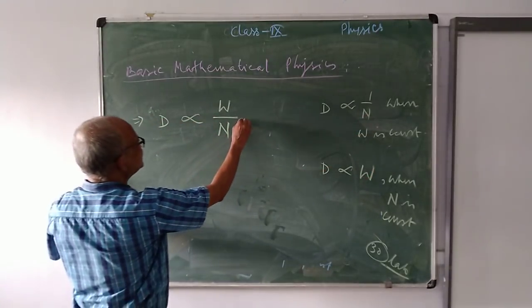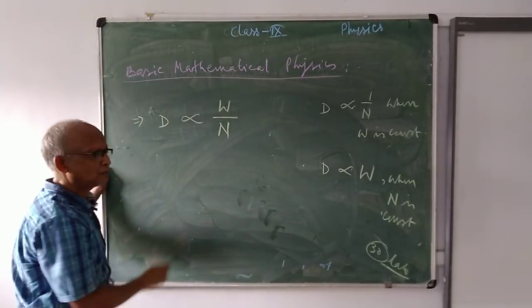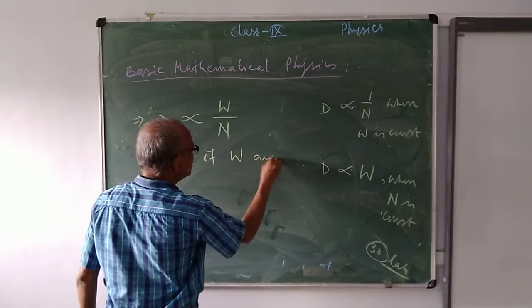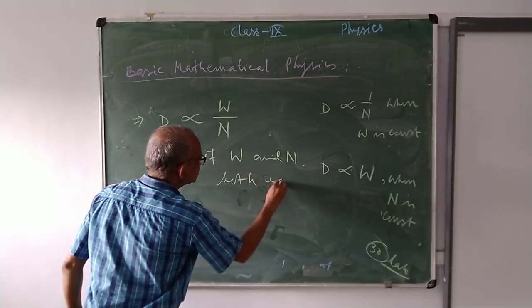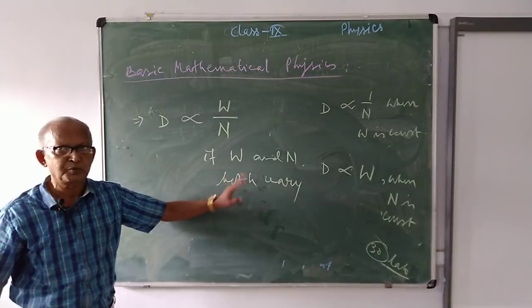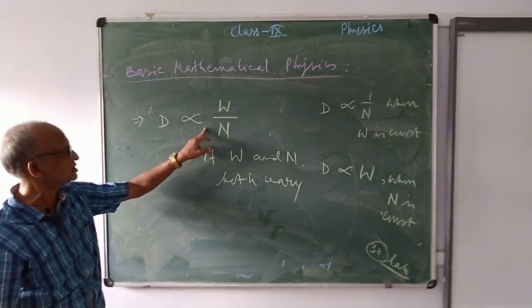So again the proportional sign, division sign, and multiply the right side. But the important matter is, if W and N both vary. Check this.